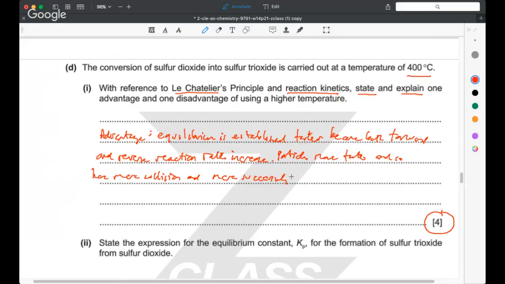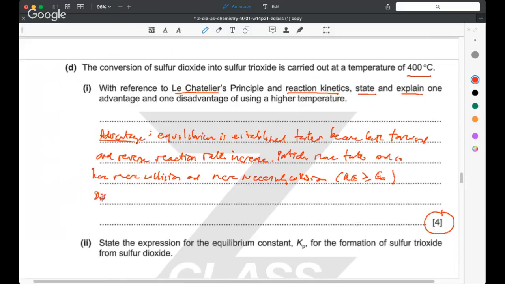More successful collisions. Why do they have more successful collisions? Because the kinetic energy of the collisions is greater. There's a greater proportion of molecules that have a kinetic energy of collision which is greater than or equal to the activation energy. So that was our advantage. We stated and we explained.